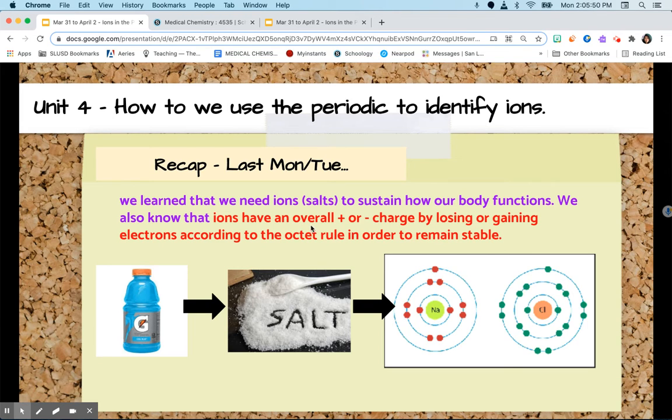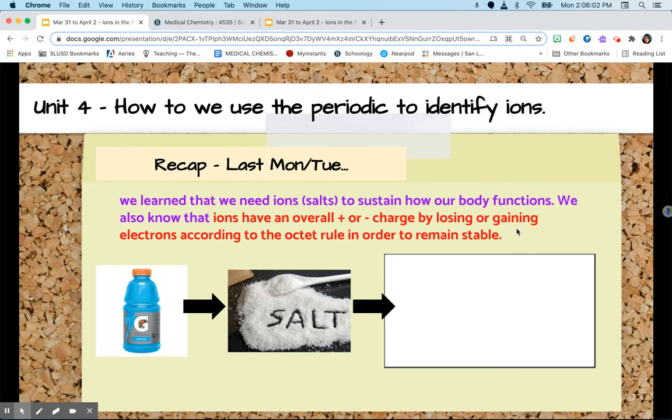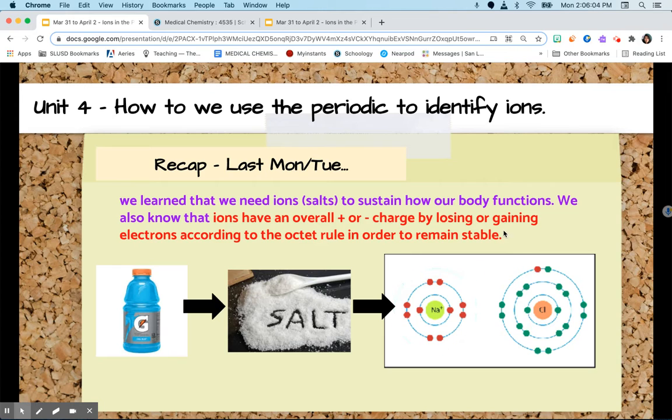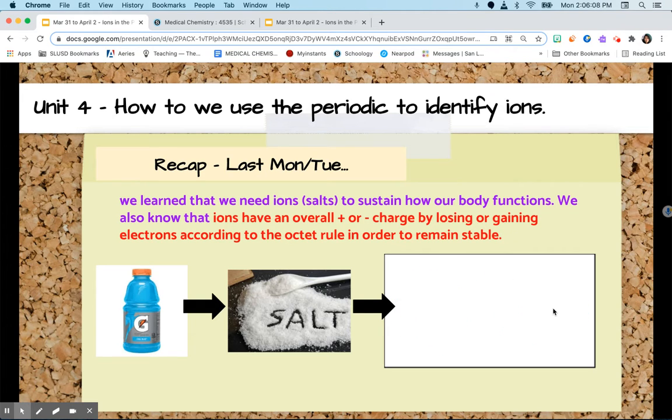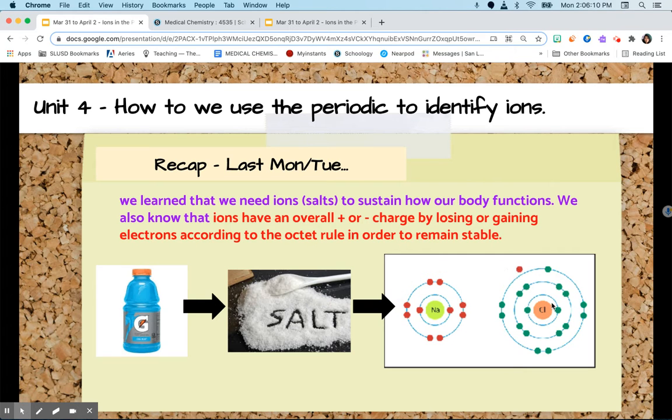And now we know that ions are just elements that either have a positive or a negative charge. This just means that they are losing electrons or they gain extra electrons. And that's what makes them an ion, right? So these are just elements that either have extra electrons or are losing some electrons.